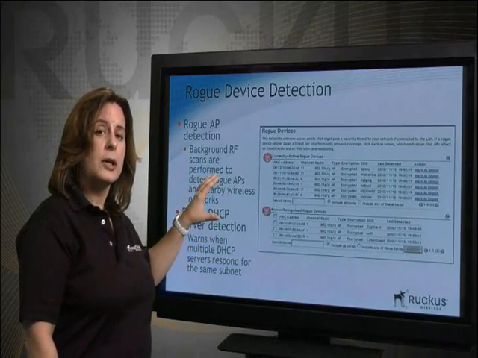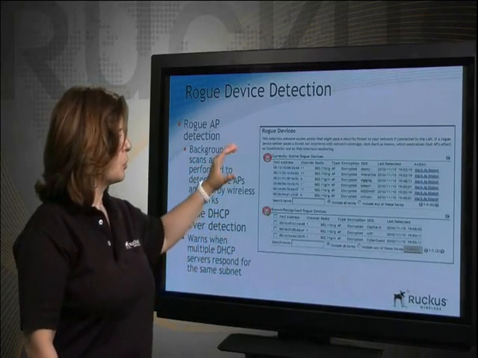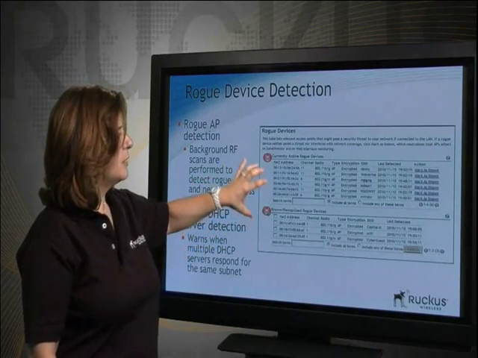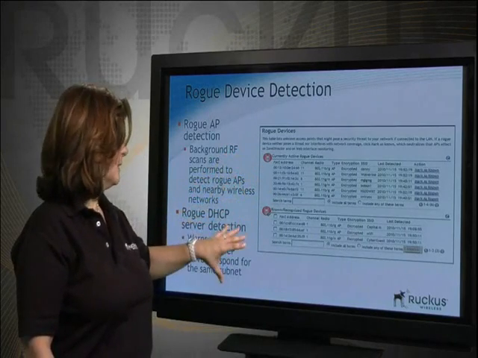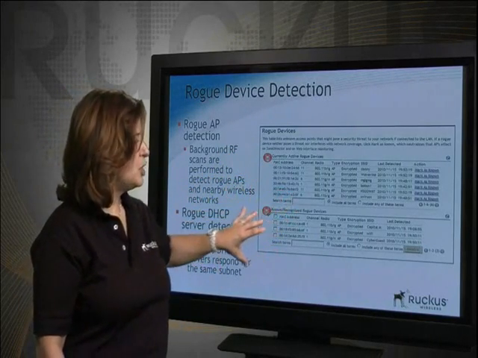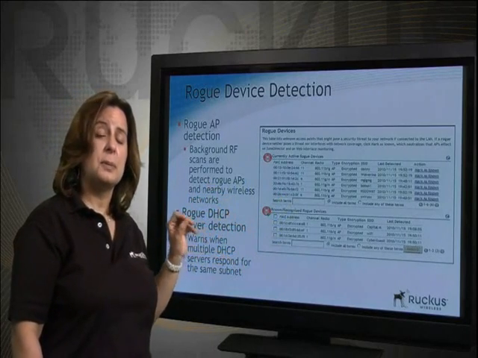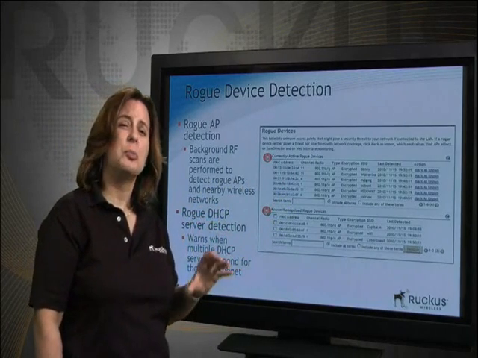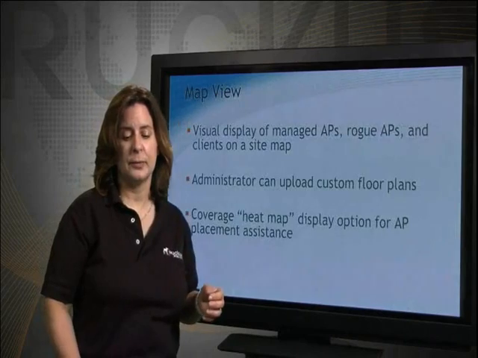So if you're on the interface and you go into the Monitor tab and then go under Rogue Devices, which will be on the left down towards the bottom, you'll get this screen, which shows you all of the rogue devices that have been detected in the system and all the information related to them. Now you can also, if you want to, enable rogue DHCP detection as well, and that'll give you a chance to watch and see if there's more than one DHCP server on your network and get a warning about it.